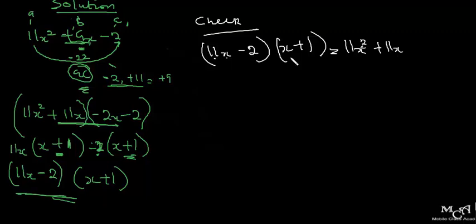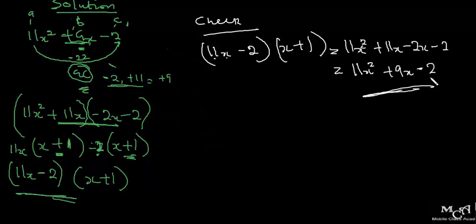Minus 2 times x is going to give me minus 2x, right? Minus 2 times plus 1 is going to give me minus 2. So I have 11x squared plus 11x minus 2x, which gives me plus 9x minus 2.